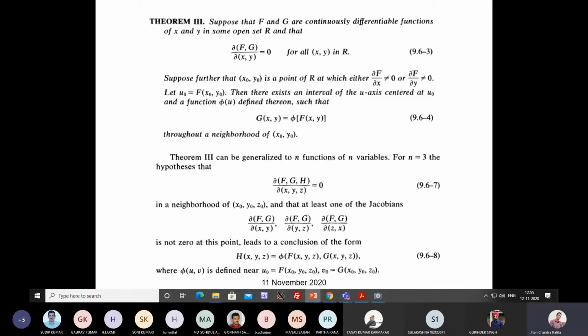Obviously, this is nothing but the inverse function theorem. So I could have simply concluded from the inverse function theorem that u can be expressed as a function of the two variables u1 and u2. Is it okay with everybody?